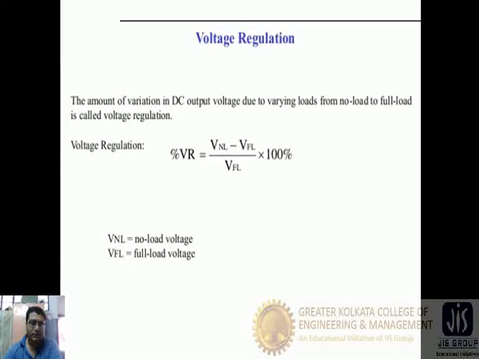The voltage regulation percentage is given as V_NL minus V_FL divided by V_FL, in percentage, where NL is the no load voltage and FL the full load voltage. No load voltage means when there is no load connected at the output, and FL means when there is a load connected at the output, known as full load voltage.